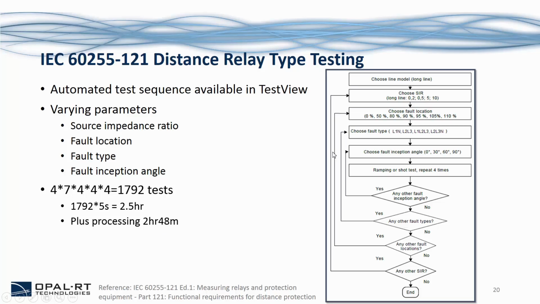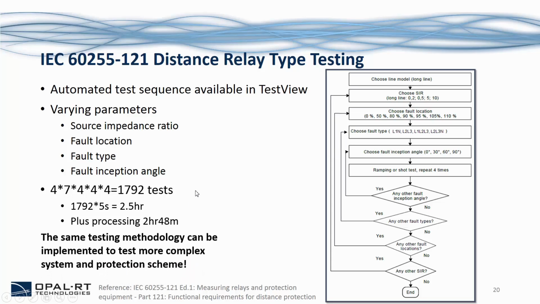So it is really a very efficient tool to carry out relay testing. This demo looks very much like a unit test for a single device, but the same testing methodology can be easily extended to test a more complex power system or a more complicated protection scheme.